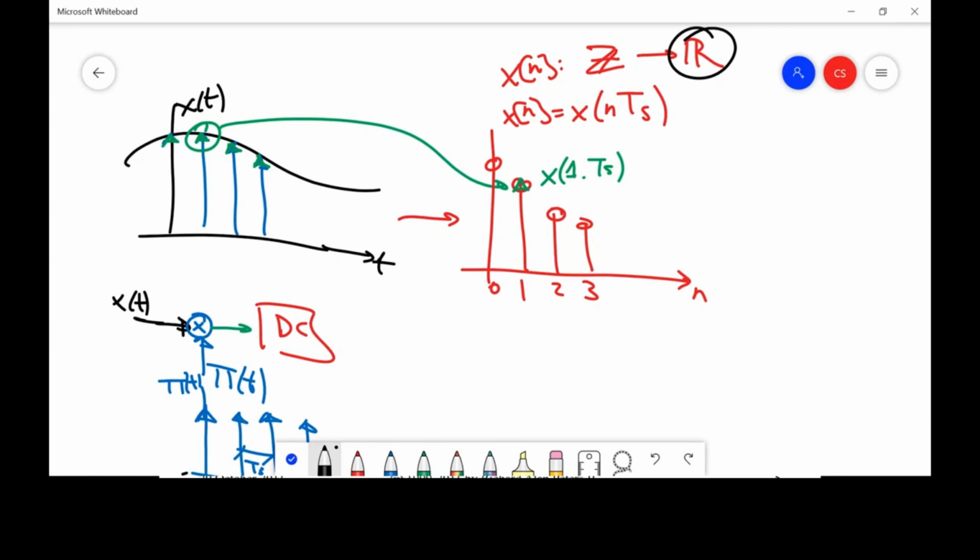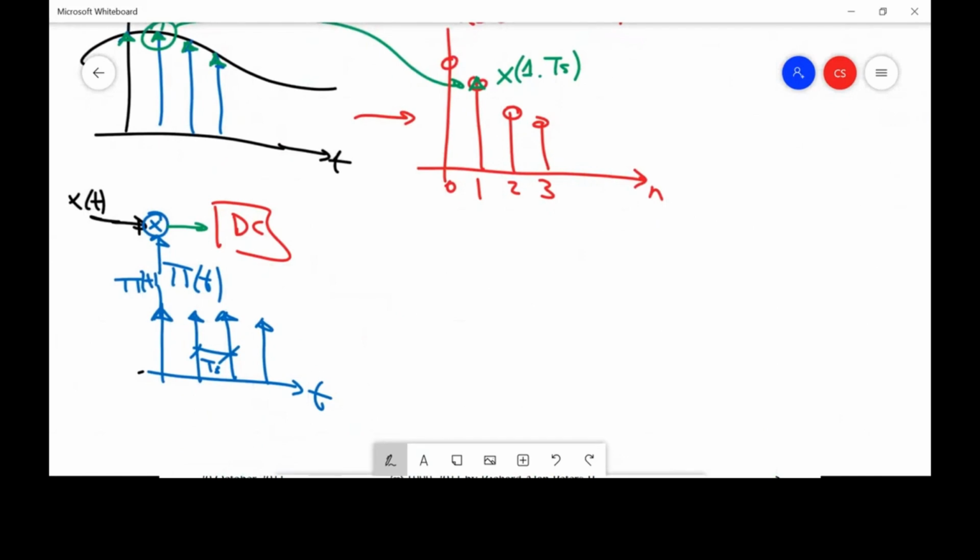Any questions so far? Actually, let's see what the way back is. Okay, so now I have my discrete signal, x of n, and I want to recover the continuous from the discrete.